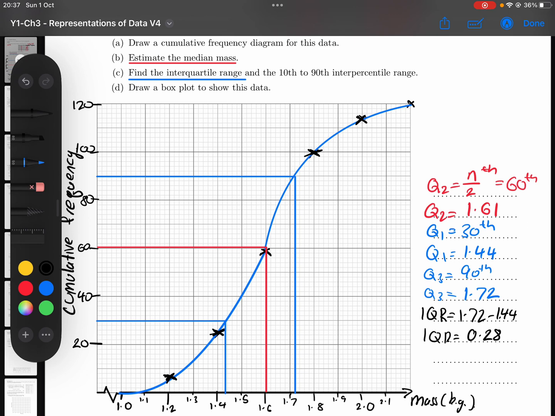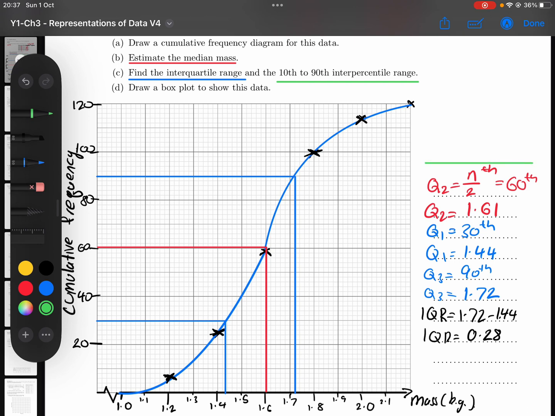This method of estimation can in fact be used to work out any percentile. In particular, the 10th and 90th percentiles. Apologies for the board work here.